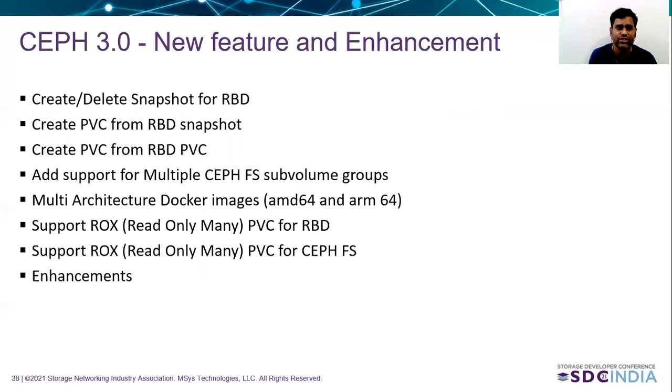In Ceph 3.0, it supports create and delete snapshot for RBD, create PVC from RBD snapshot, create PVC from RBD PVC, and adds support for multiple FS subvolume groups and multi-architecture Docker images. It also supports read-only many for PVC for RBD, and the same for the Ceph file system. Apart from this, they are supporting a lot of other enhancements in the Ceph 3.0 versions.